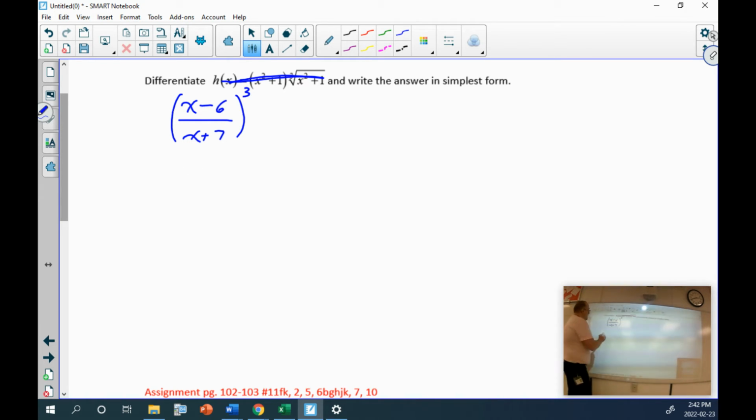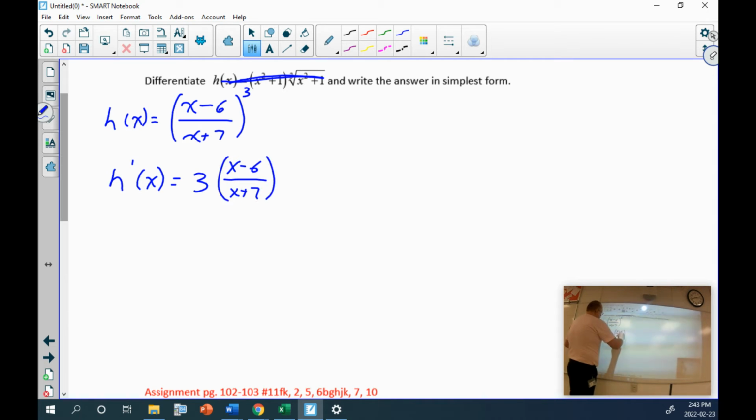So, we'll call that h of x. So, h prime of x, the derivative of the outside function times the derivative of the inside function.